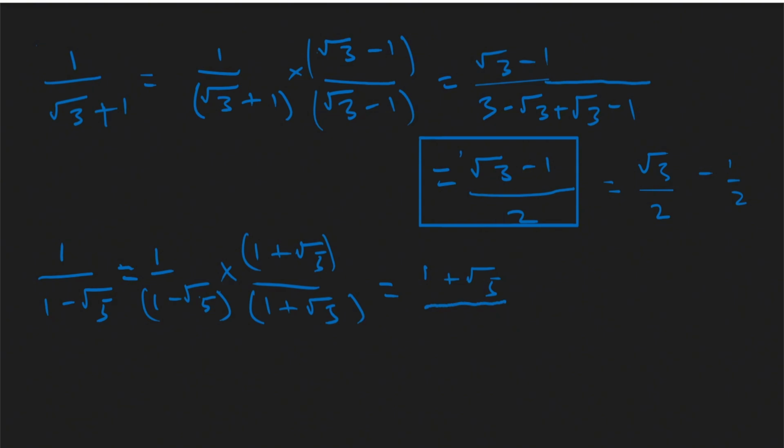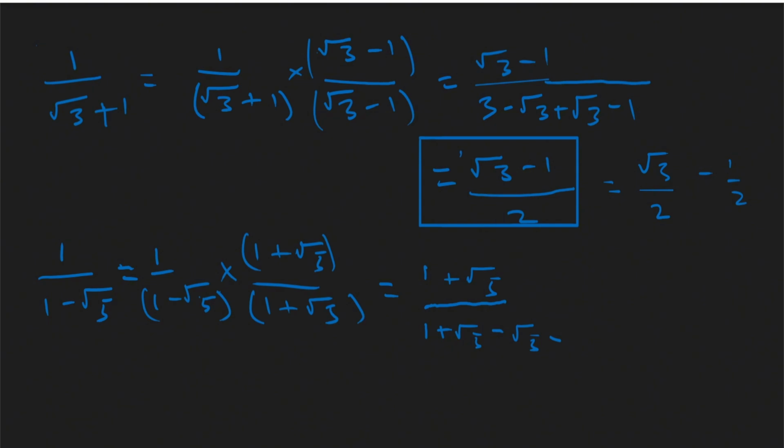over 1 times 1 is 1 squared, which is 1. 1 times root 5 is the same, so plus root 5 minus root 5 times 1 minus root 5, minus root 5 times root 5 minus root 5 squared.